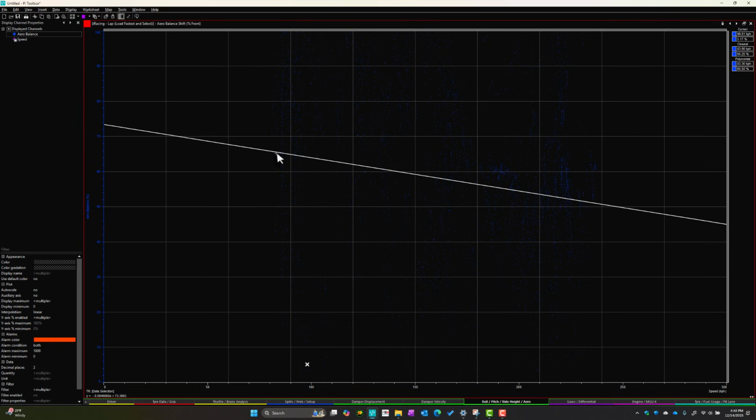So you can see, at low speed, if you just look on the right-hand side under polynomial, it's around 65% front Aero balance. Or front Aero, I'm sorry. Yeah, the Aero is around 65% front. Whereas you can see by the time we get up near the high speeds, it's down in the low 50s.